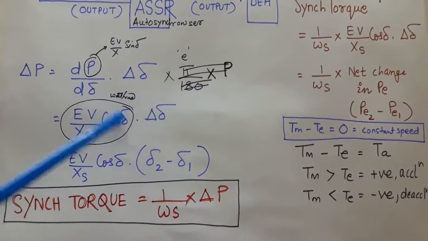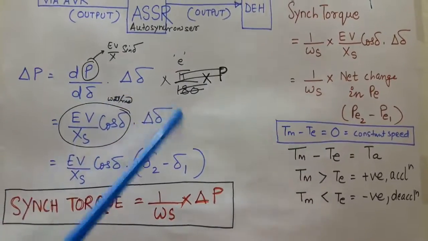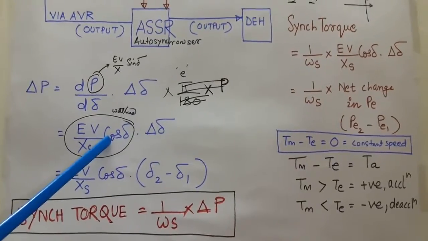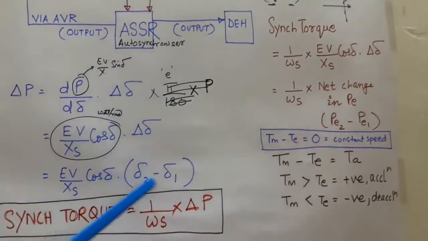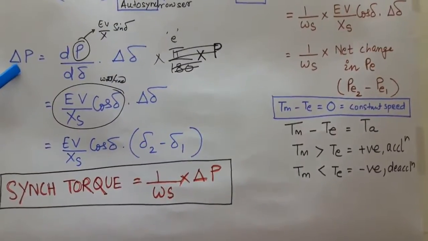When this coefficient is multiplied with the change in angle, the net term is known as synchronizing power. So EV by X cos delta multiplied by delta 2 minus delta 1 will become the synchronizing power.